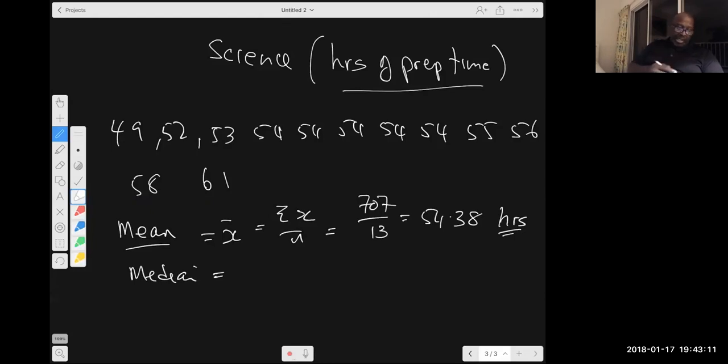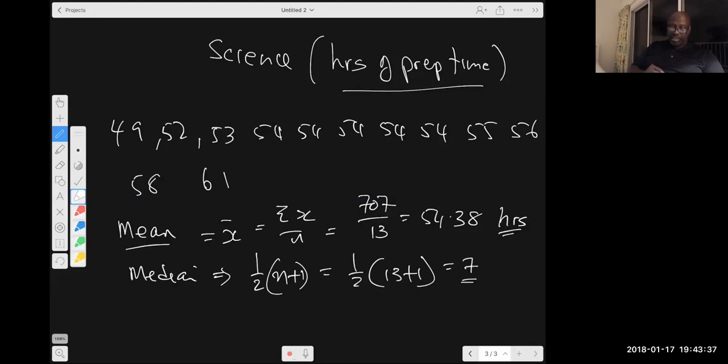Median. So the median is the middle number. How many numbers do we have in all? 13. So what's the middle of 13? It should be number 7. So we want the middle number. The location would be a half times n plus 1, which is a half of 13 plus 1, which is 14, which is 7.